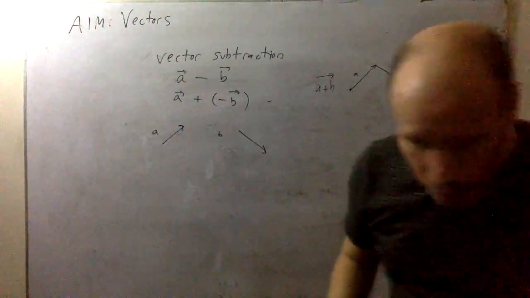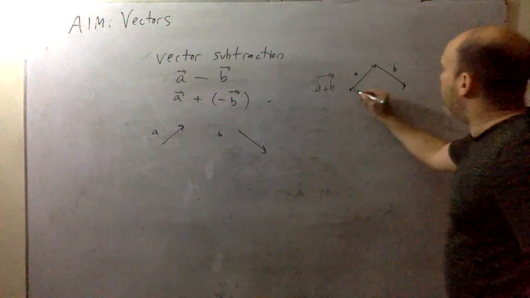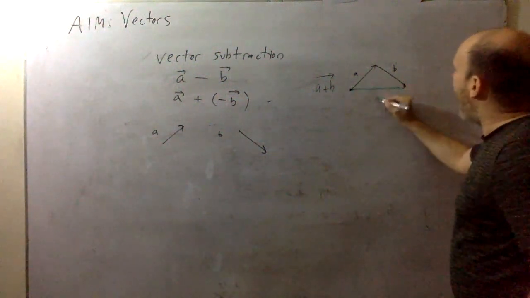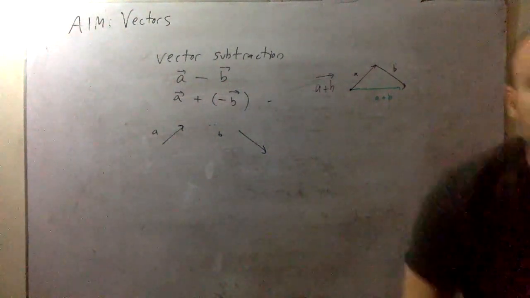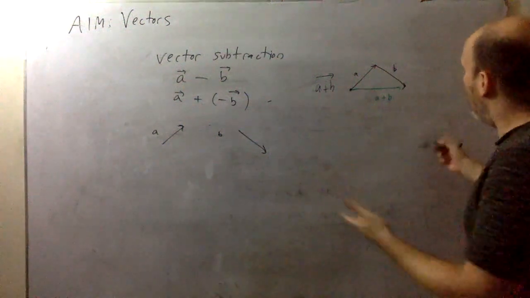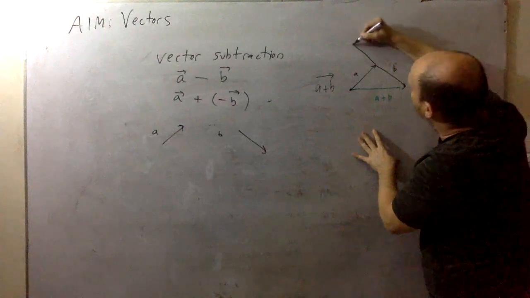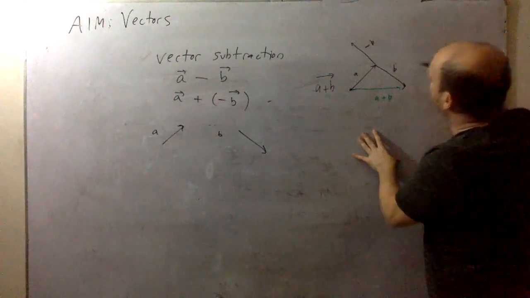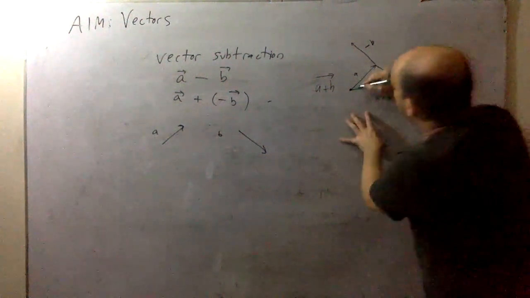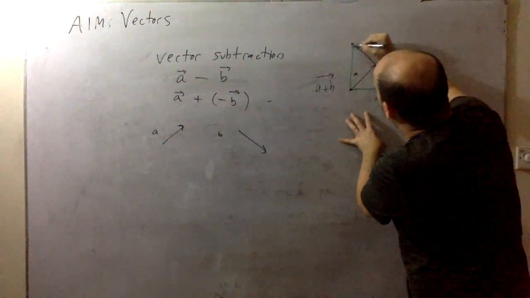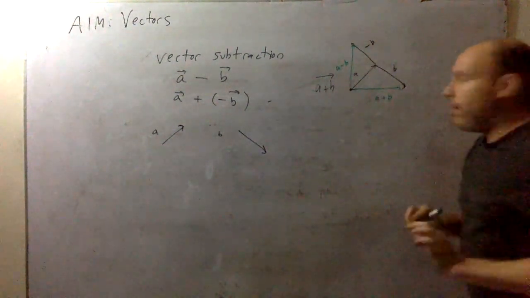So this was journey A, and this was journey B. And therefore my displacement, I'll use my green marker, is the displacement of A plus B. But the question is, what is A minus B? No big deal. If this direction was B, this direction is negative B. And therefore, very straightforward, this vector is A minus B. That's all it means.